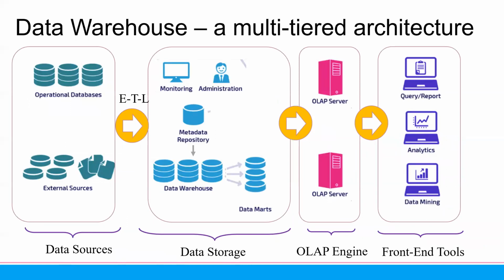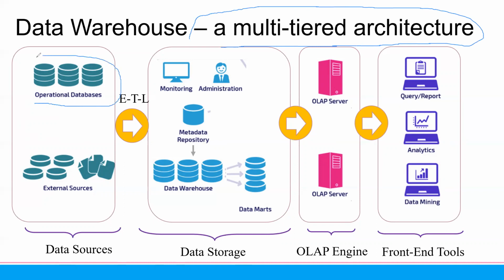These days, there are some architectures to build this data warehouse. And this kind of architecture is the common architecture. We call it a multi-tier architecture. If you already know, we have this operational database, okay?